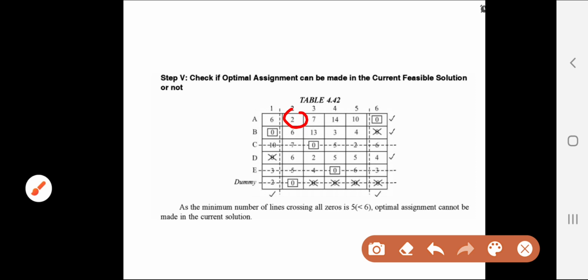Okay, 2 minus 2, 7 minus 2, 14 minus 2, 10 minus 2, 6 minus 2, 13 minus 2, 3 minus 2, 4 minus 2, 6 minus 2, 2 minus 2, 5 minus 2 and 5 minus 2. And at the intersection you add the value 2.